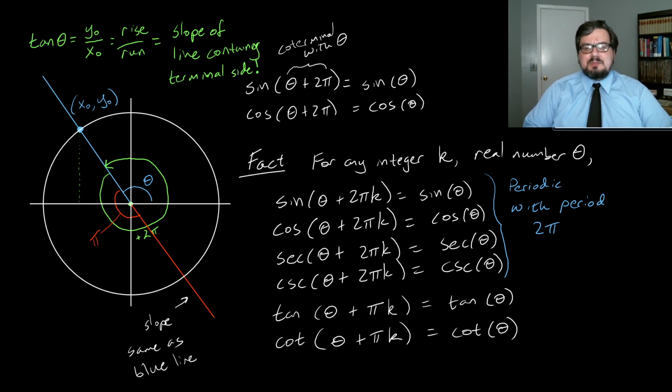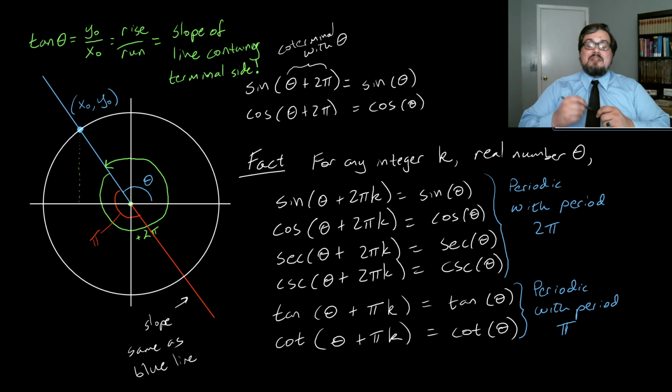We'll see how this plays out in a moment when we start graphing these functions. Tangent and cotangent, on the other hand, are called periodic with period pi because they repeat when you just add pi to the angle inside rather than 2 pi.